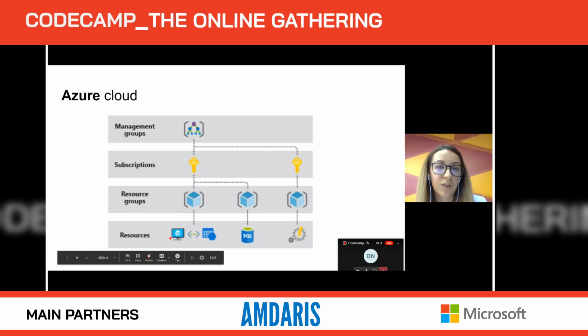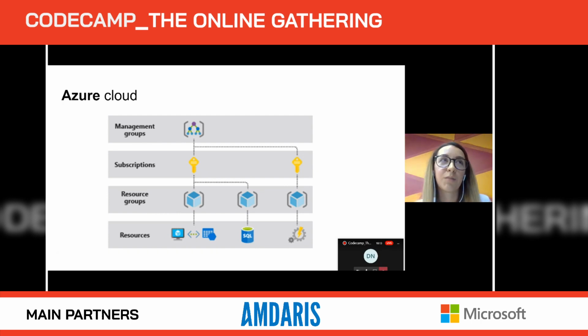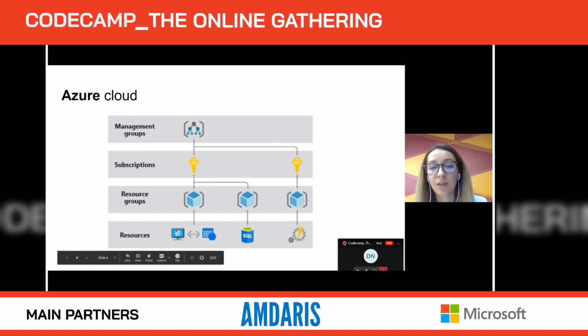And we can group those resources based on what we want, but it is recommended to group them based on their application and their lifetime, and we can group them into resource groups. Also, everything that happens in Azure must be in the context of a subscription, and we can manage subscriptions using management groups.